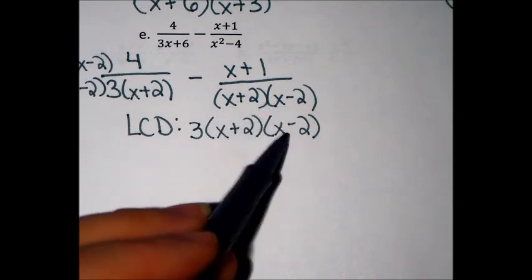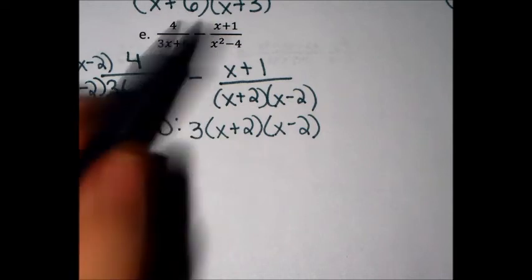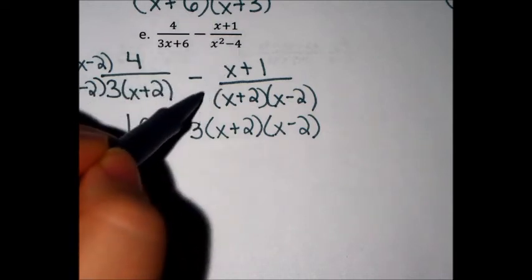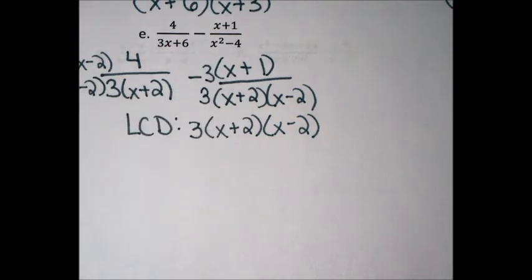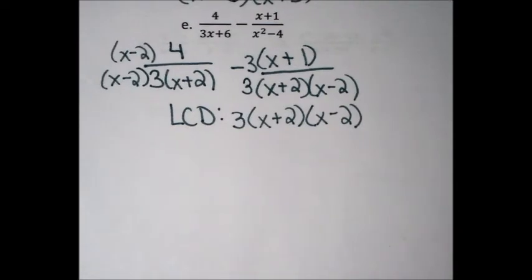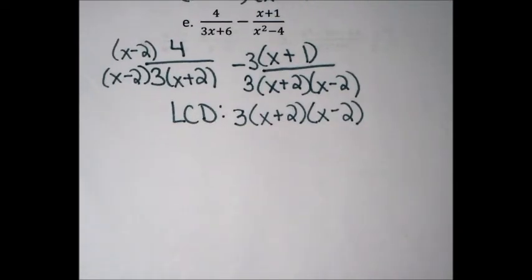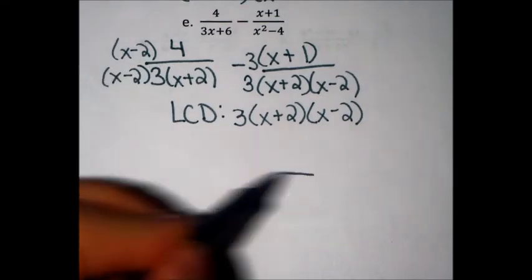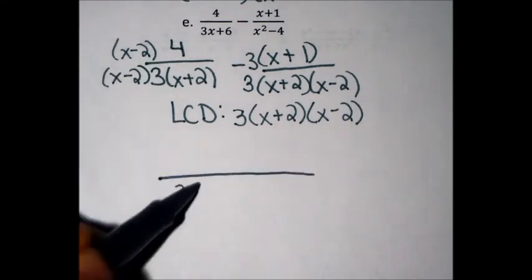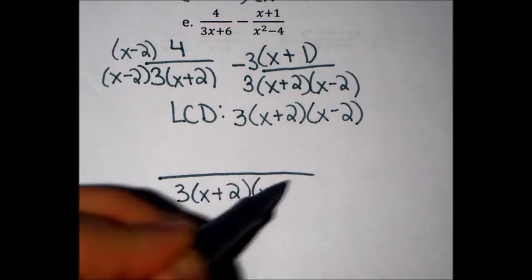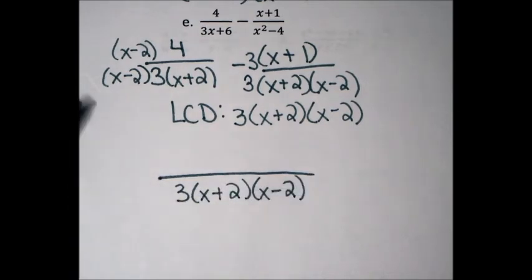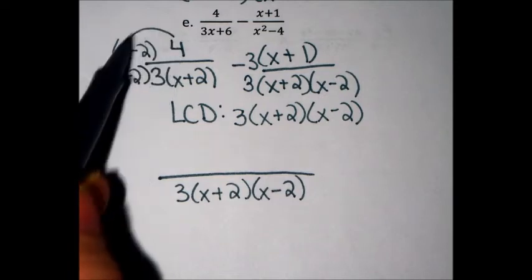For this fraction, it has an x plus 2, it has an x minus 2, but it does not have a 3. So I know my denominator is going to be 3, x plus 2, x minus 2.